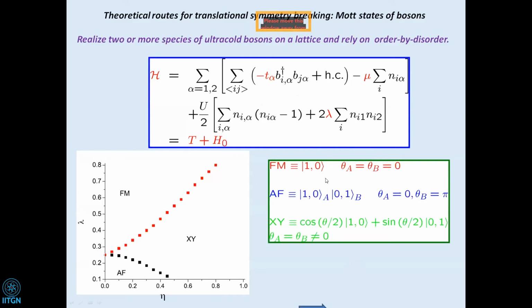Or you can have a ferromagnetic state where only species A sits on every site. Or, more interestingly, you could have an XY phase where there is a coherent superposition between species A and species B on each site. This antiferromagnet certainly breaks translational symmetry, and this is one way of getting a translational symmetry broken state.